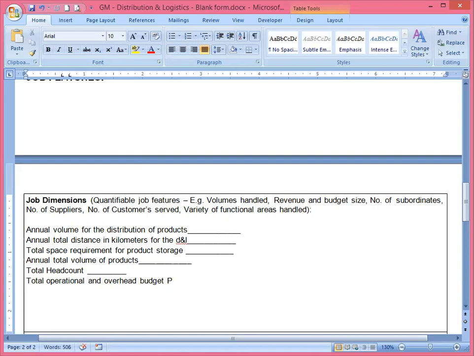In terms of Philippine peso, right? I just put it blank here. So it's just up to you how much he's going to plan to be able to operate the distribution and logistics. Maybe in terms of customers served, yeah? Okay, customers served.